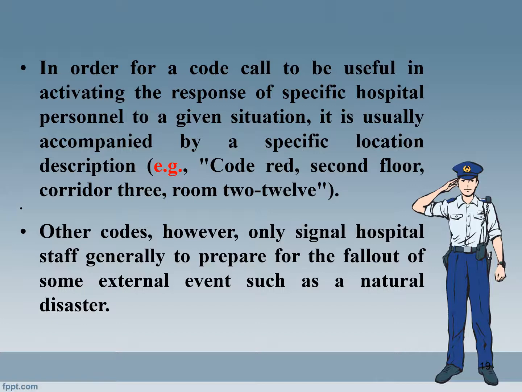For example, Code Red, second floor, corridor 3, room 220. Other codes, however, only signal hospital staff generally to prepare for the fallout of some external event such as a natural disaster.